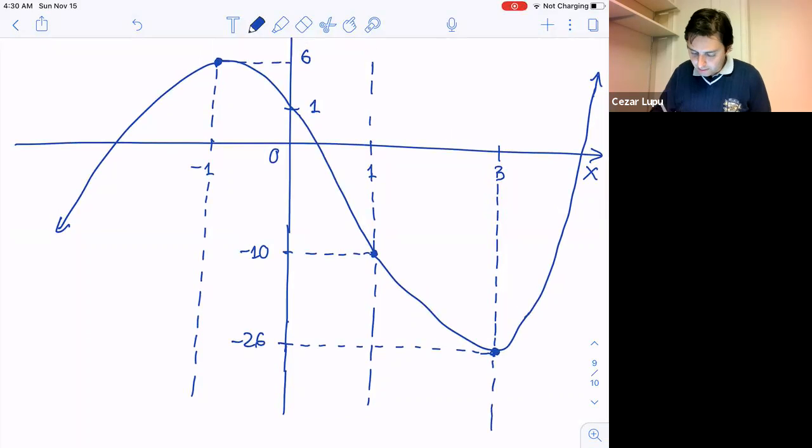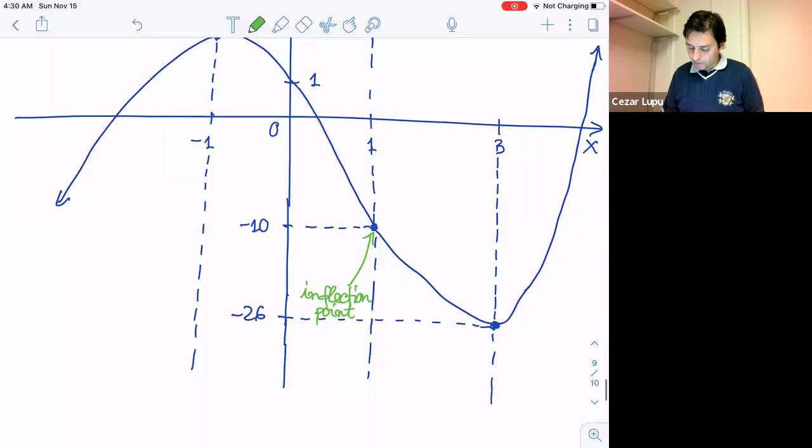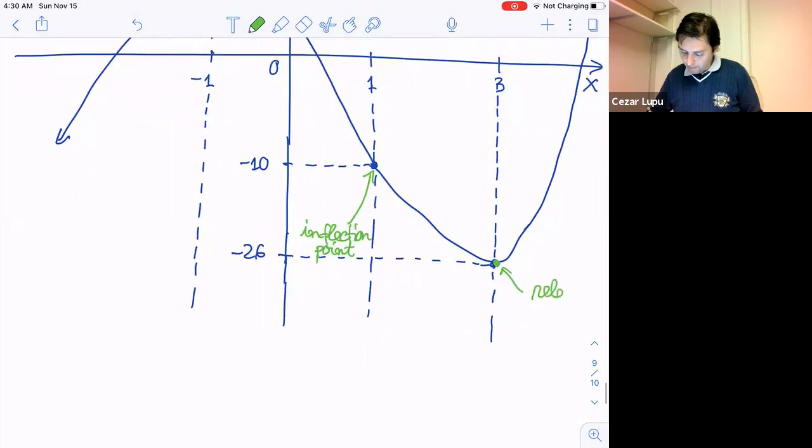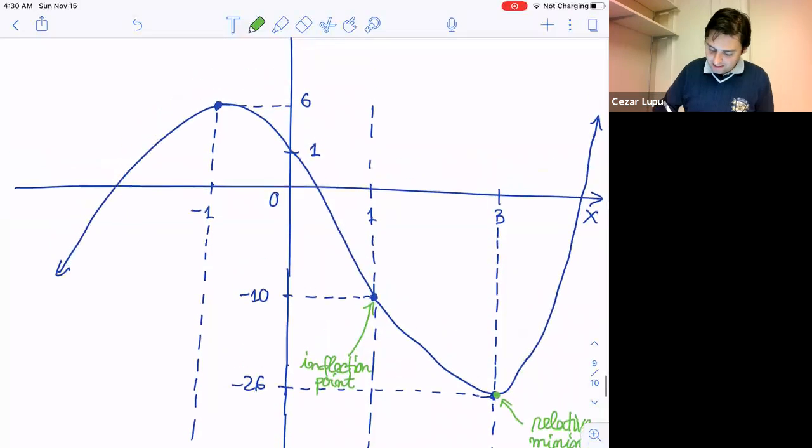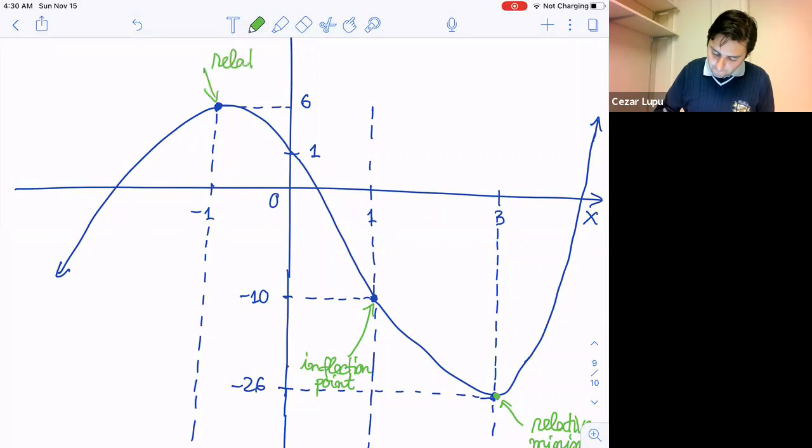Okay, so this guy here is an inflection point. This guy, as you can see, is a relative minimum. And as you can clearly see from the picture, this guy here is a relative maximum. Right?